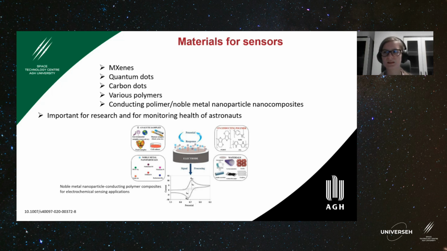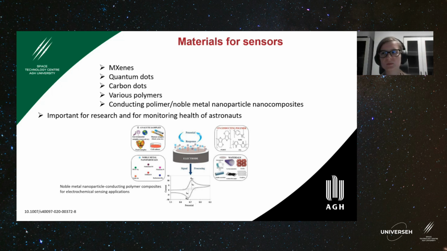Also, for space usage, materials for sensors should be designed. One of the examples of materials that are quite promising for sensors are MXenes, but also sensors can take advantage of quantum dots, carbon dots, multiple polymers are extremely useful in designing sensors, and also conducting polymer noble metal nanoparticle nanocomposites.